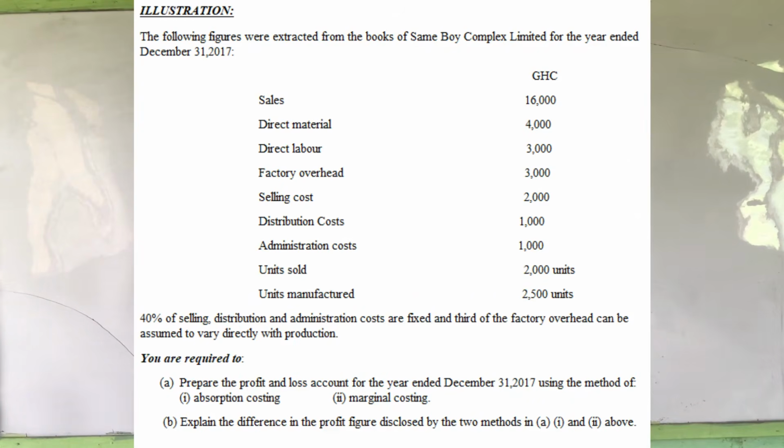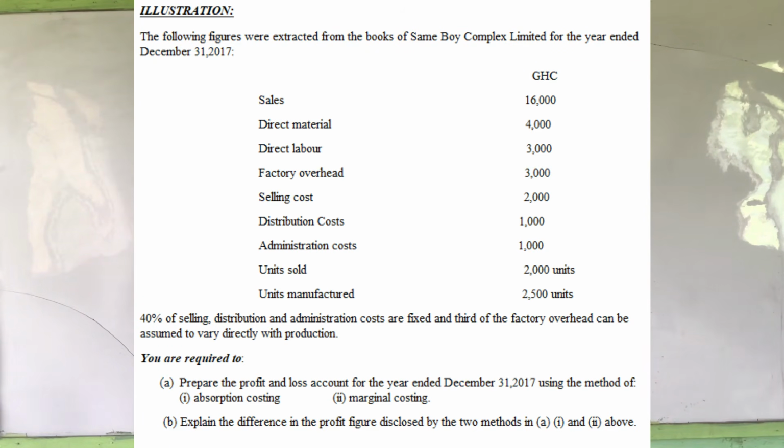The following figures were extracted from the books of Same Boy Complex Limited for the year ended 31st December 2017. So we have sales to be 16,000 Ghana cedis. We have direct materials to be 4,000 Ghana cedis.